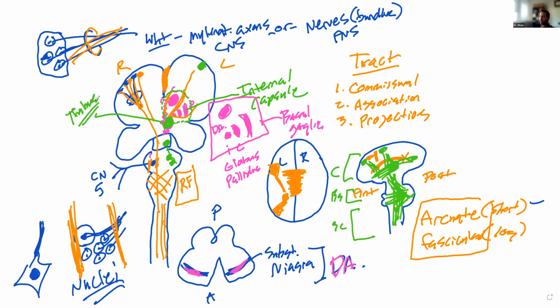Your thalamus is a big relay station, but it is intricately involved in movements.